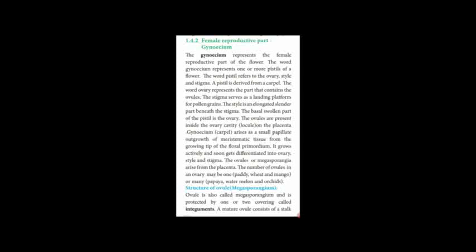Gynoecium, that is carpel, arises as a small papillae outgrowth of meristematic tissue from the growing tip of the floral primordium. That means at the bud stage, the gynoecium arises as a small papillae.